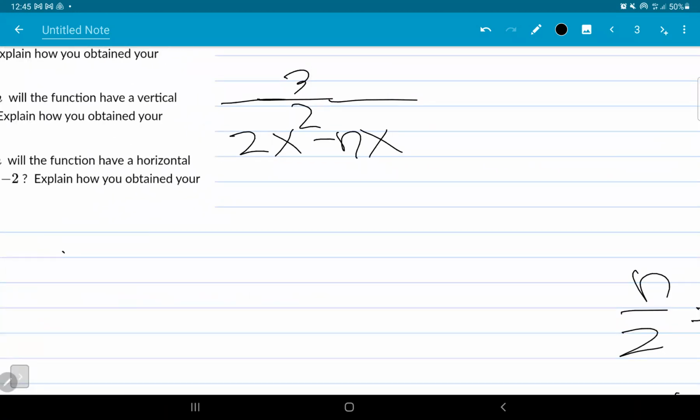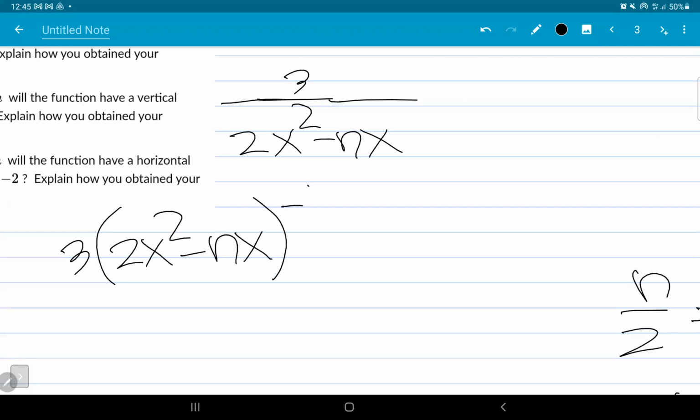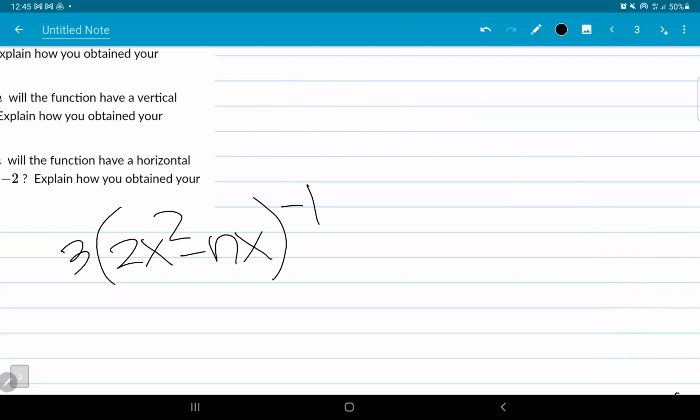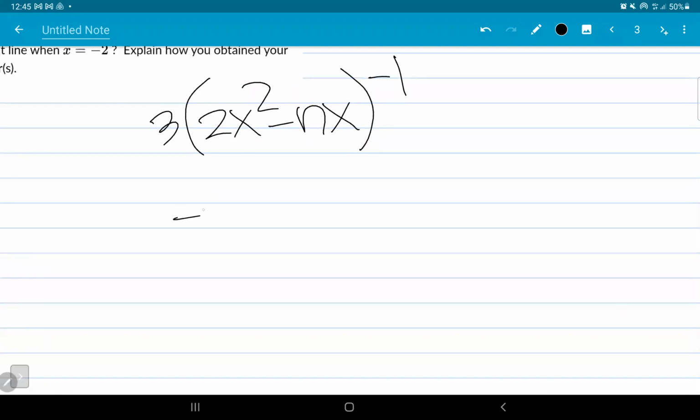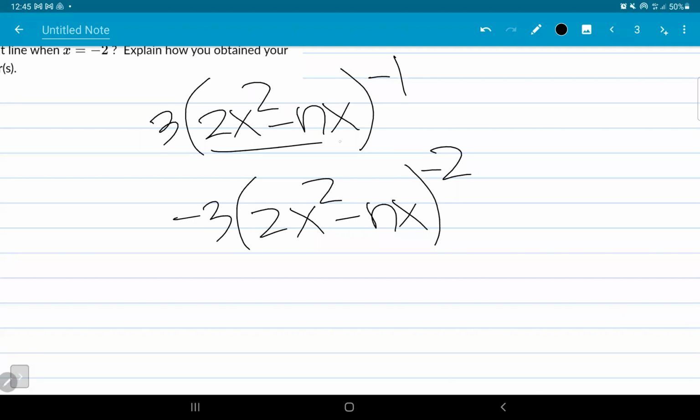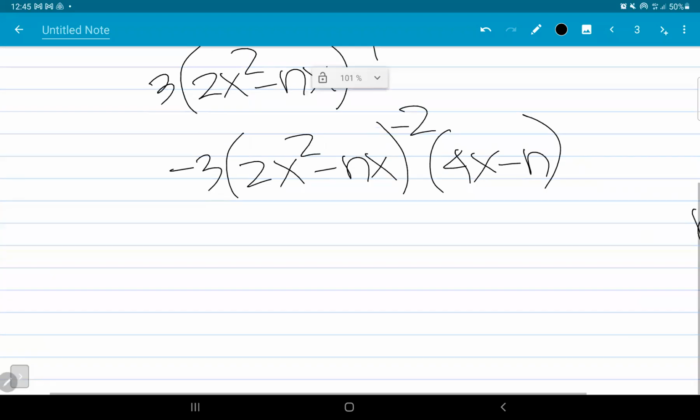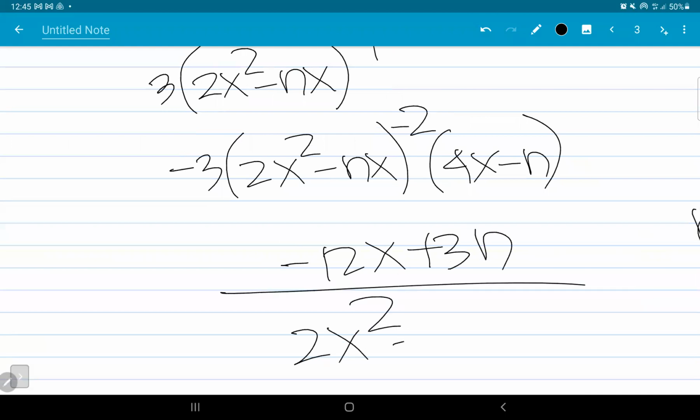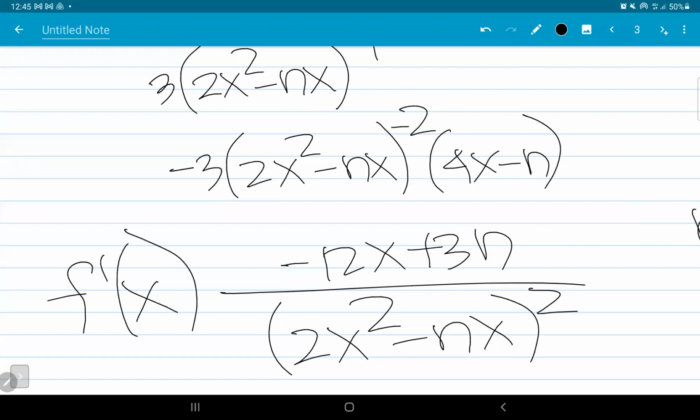So you can write this as 3 times then differentiate that. Subtract 1, differentiate the base. Then there. Distribute mo yung -3. Yan. So yan yung rate of change or yung slope at x.